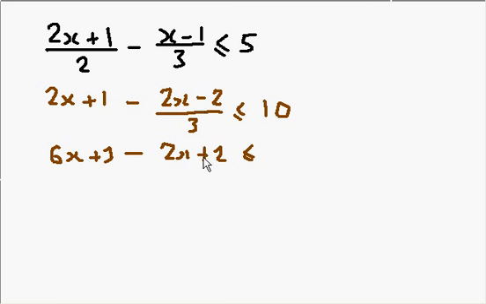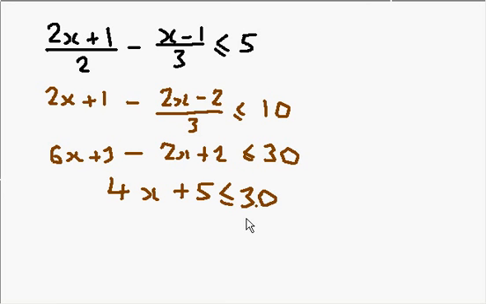Well spotted, Mr. Brown. And I've also got 3 times 10, which is 30. Okay, so I've got 6x, take away 2x is 4x. I've got 3 plus 2 is 5. And less than or equal to 30.